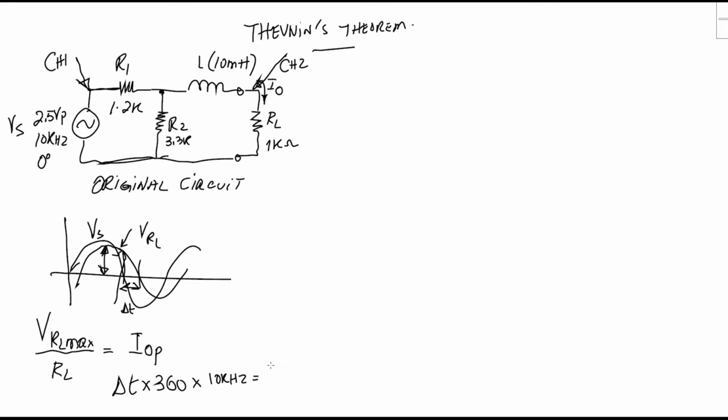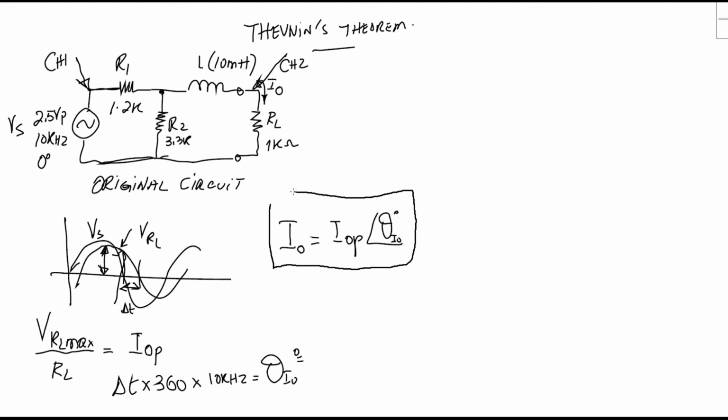So this will give us the theta for I original in degrees. So, mounting the circuit as it is, we can find the current I naught or I original, which is I original peak with the angle of that I original peak in degrees. So that's the final value that we need to keep for this original circuit.